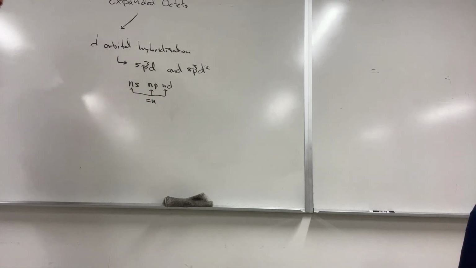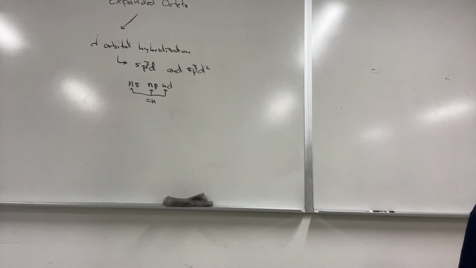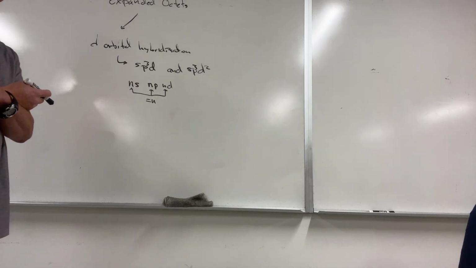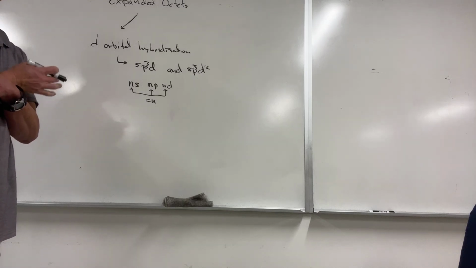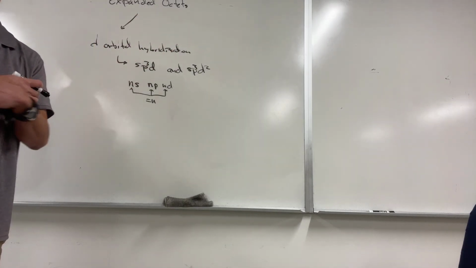So you wouldn't be able to do this in the second period because there are no 2d orbitals, but you could do it for the third, the fourth, the fifth periods on up. This hypothesis has been around for a long time, and so people treated it as theory, basically. The theory underlying these expanded octets is d orbital hybridization.